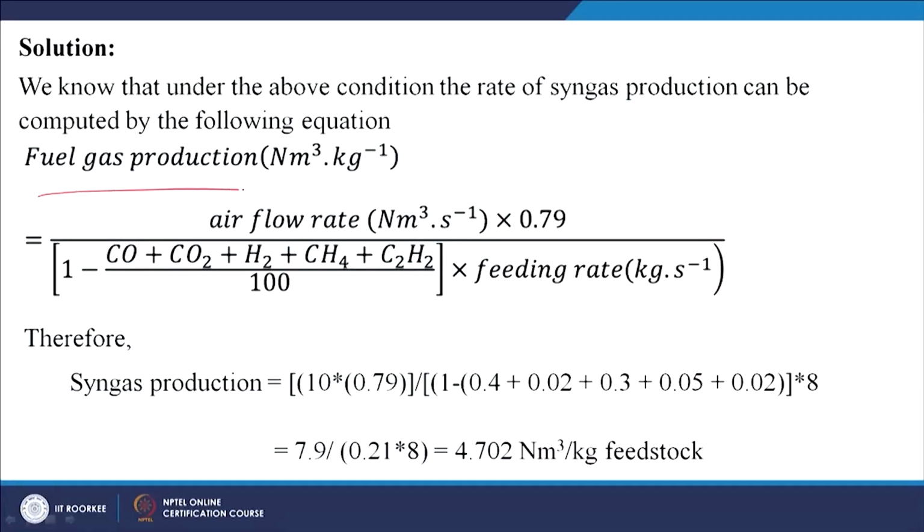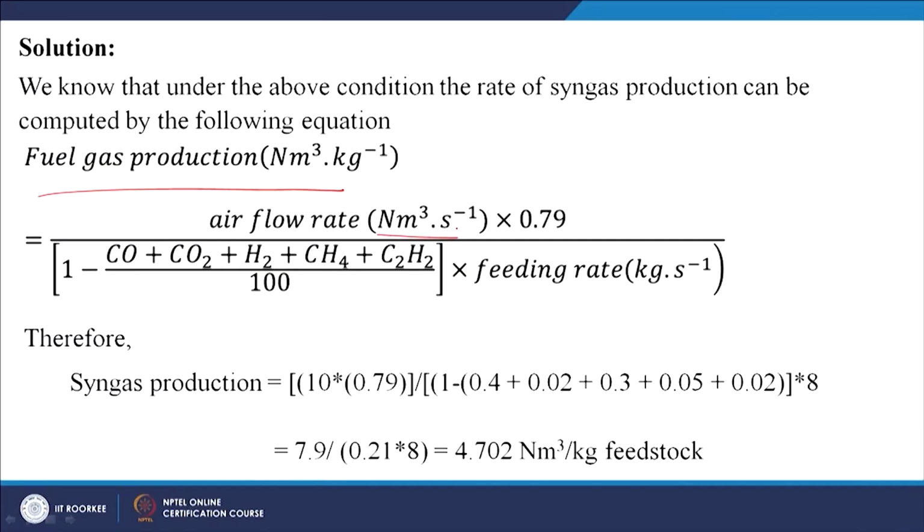We can solve this problem by nitrogen balance, as we discussed in the previous classes. Fuel gas production in normal meter cube per kg of feedstock is equal to air flow rate in normal meter cube per second into 0.79, divided by 1 minus (CO plus CO2 plus H2 plus CH4 plus C2H2, that is the composition of the flue gas, divided by 100), into the feeding rate of the feedstock.